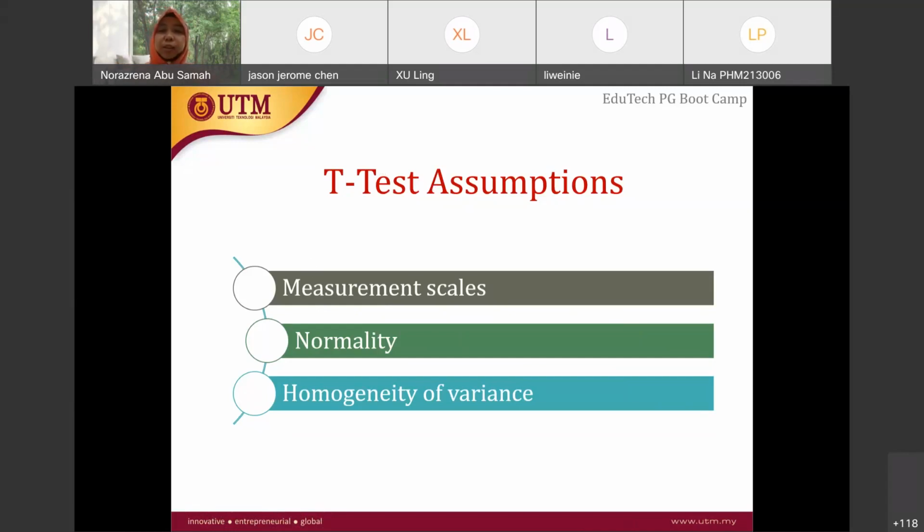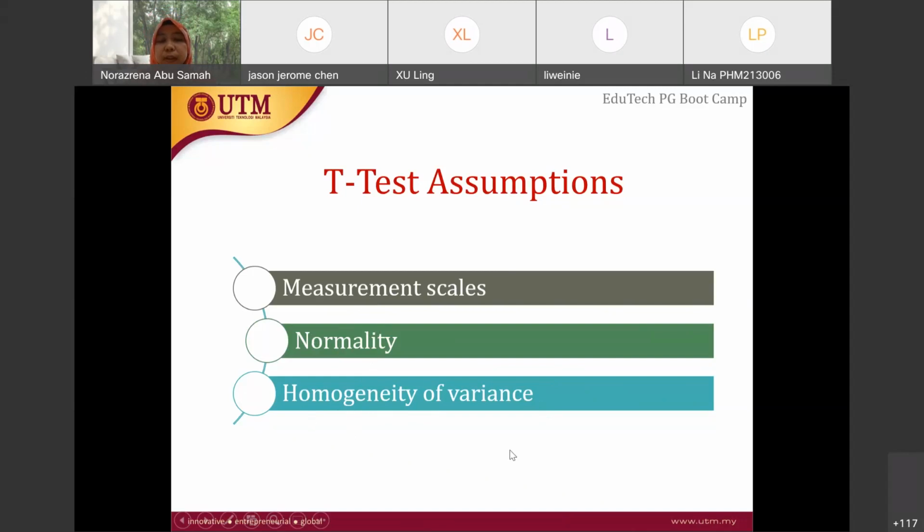Then, for example, if it is ratio data, like examination marks, you must check the normality. Is it normal or not? If it is normal, then you can also check the homogeneity of variance.